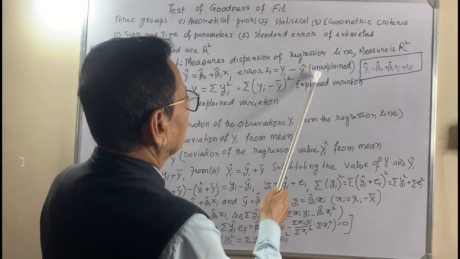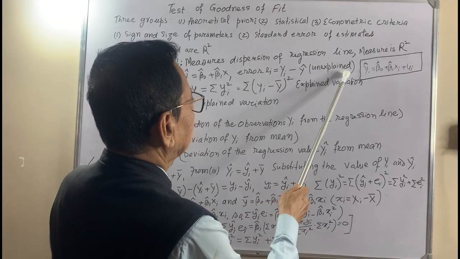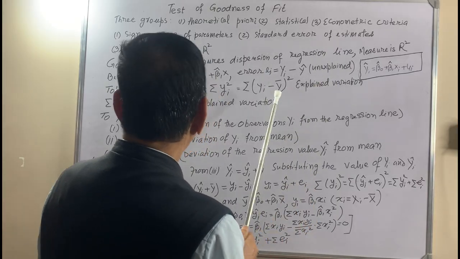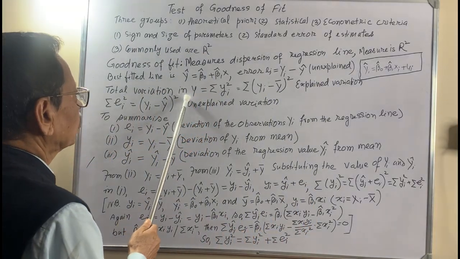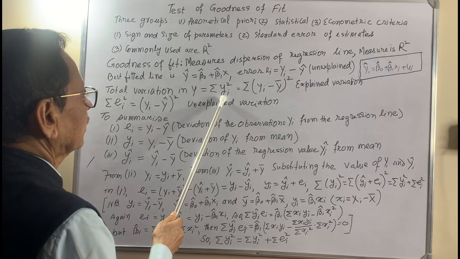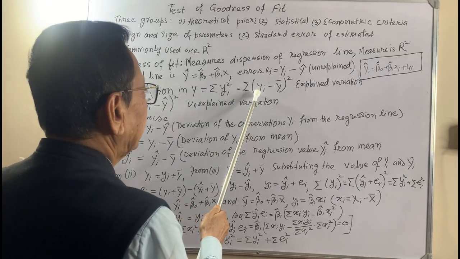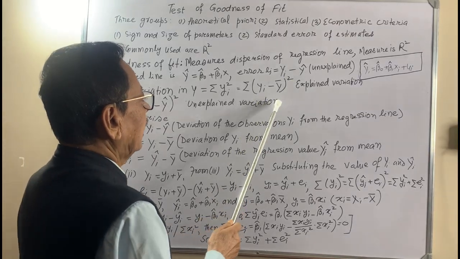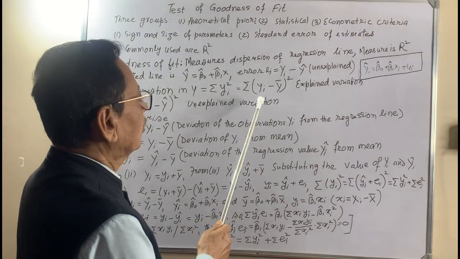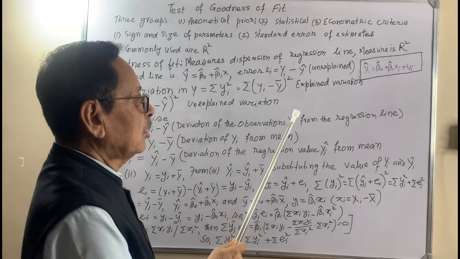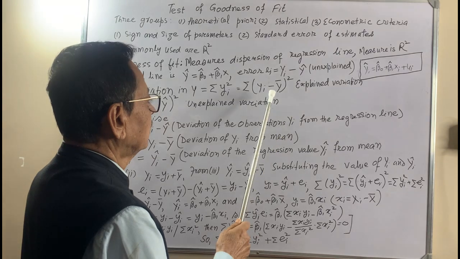So that is generally the unexplained variation. And total variation is summation y i square is equal to the sum of y i minus y bar square. So this means every observed value of y minus the mean of y, squared.